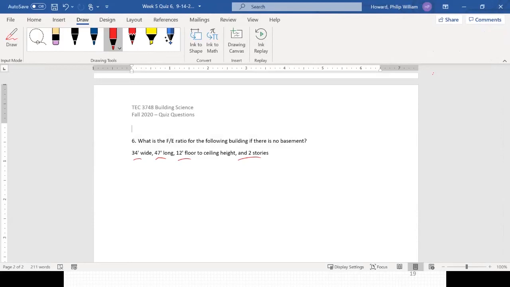So the last one, we have 2 stories here. We've got a width, length, and a floor to ceiling height with 2 stories, right? So 2 times 12 is our floor to ceiling height. So our building is 24 feet high, and then we have a width and a length.